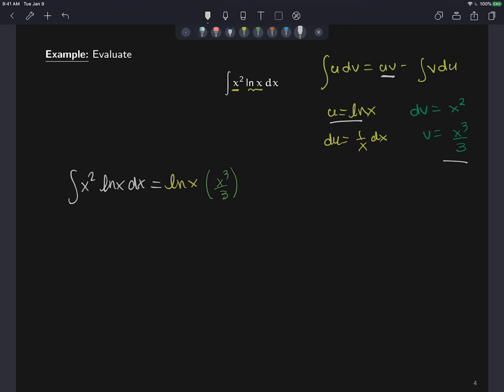And then I'm going to subtract the integral of v du. So v is x cubed over 3, and du is 1 over x dx.